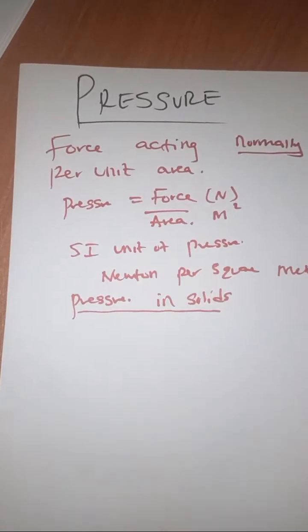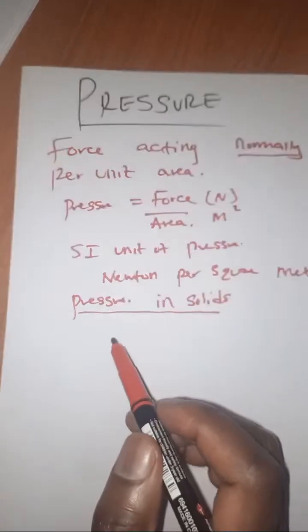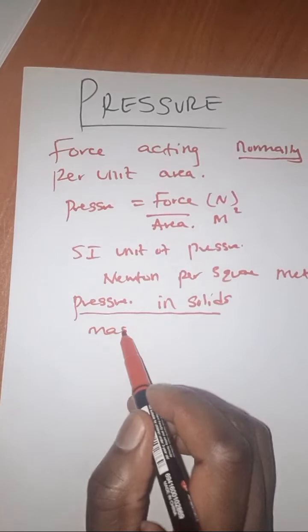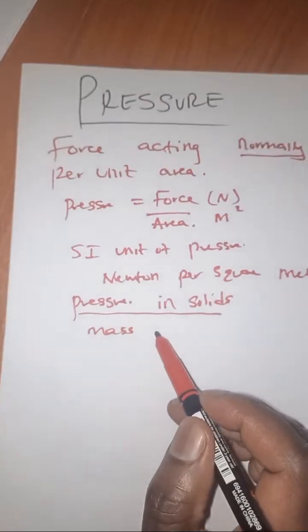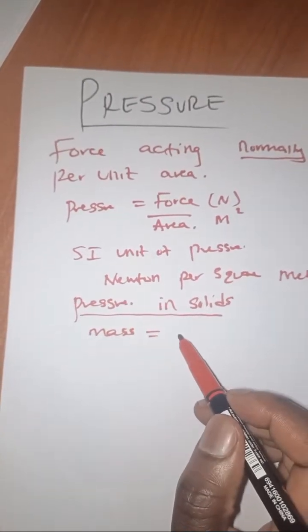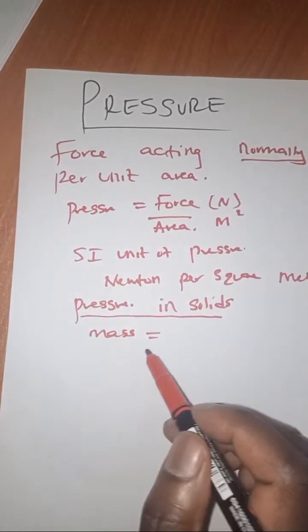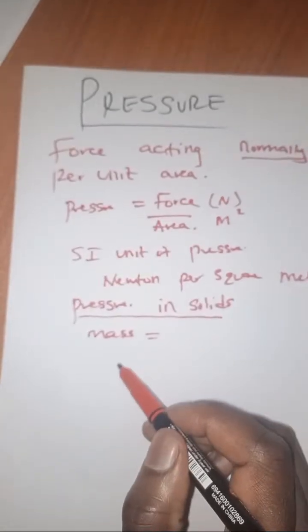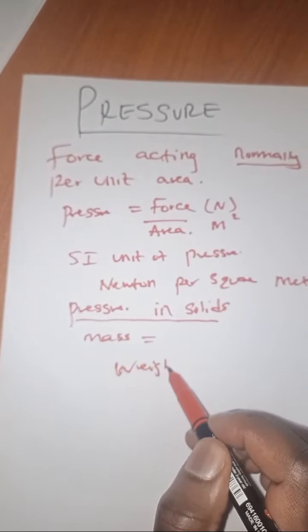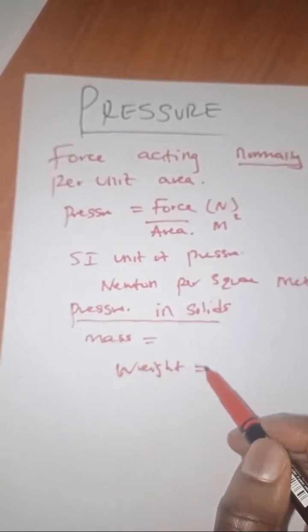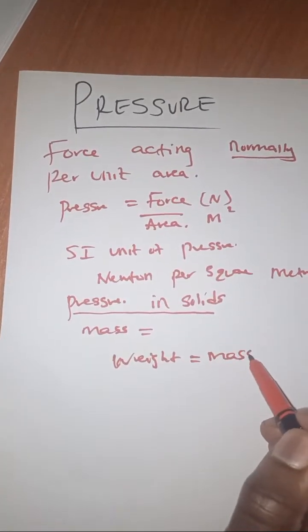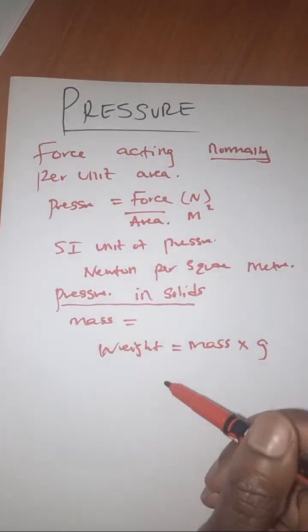So when you're given mass, for example, this can be converted into a force, because of the relationship between mass and weight: weight is given by mass times g.